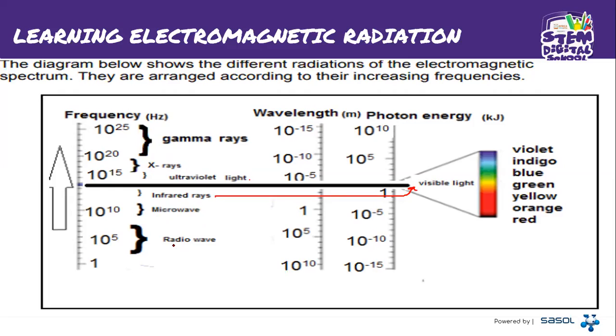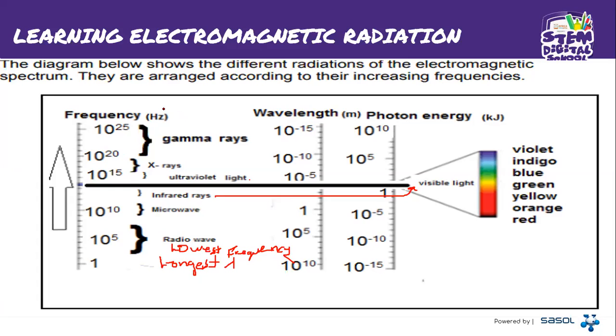In other words, radio waves have the lowest frequency. In other words, again, in terms of wavelength, it means they have the longest wavelength. We know this is a symbol for wavelength.